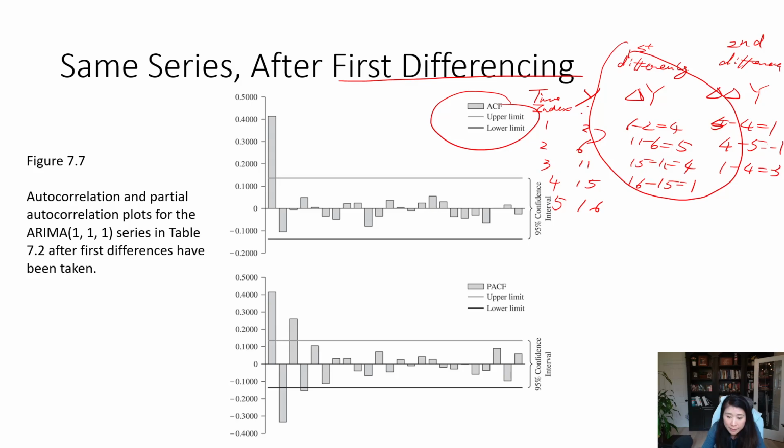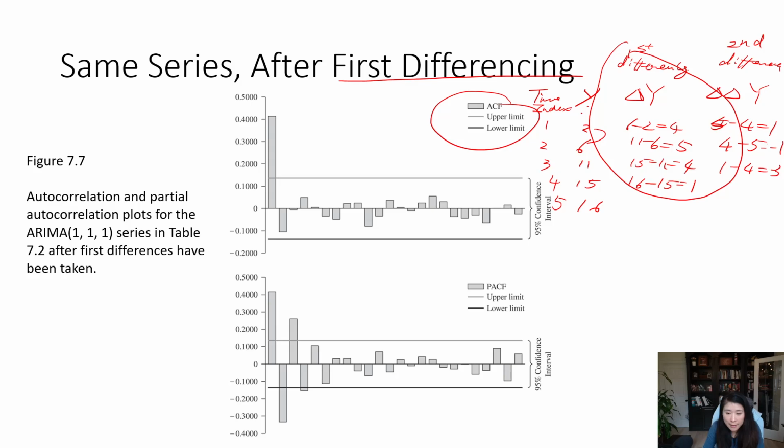I also tried AR1, but you can definitely try AR3 as well, as we can see here we had 3 spikes, to capture all the patterns we see from ACF and PACF. After taking the first differencing, my data becomes stationary.